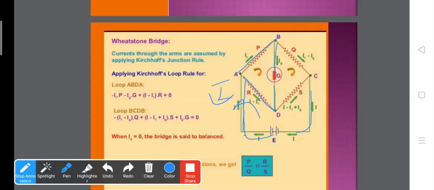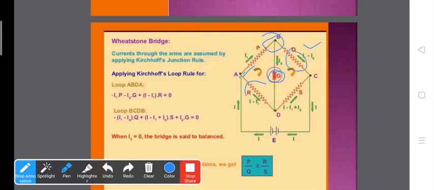And this current I at junction A divides into 2 parts. Current I1 is going through AB and I minus I1 is going through AD, right? And at junction D, we find that current IG is flowing through the galvanometer G, and I1 minus IG is flowing through Q.